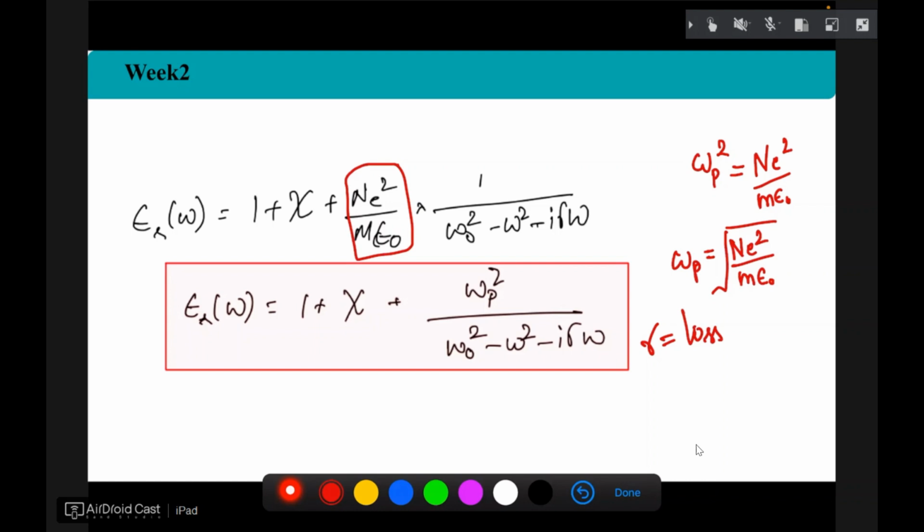And we know that polarization P is equal to epsilon naught chi E. So here this is a macroscopic response.